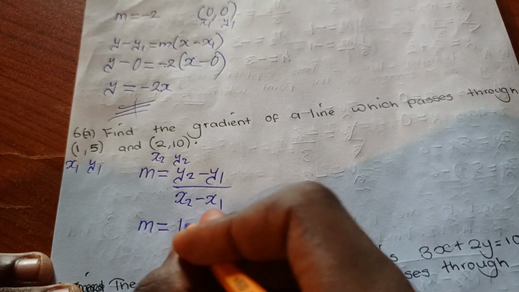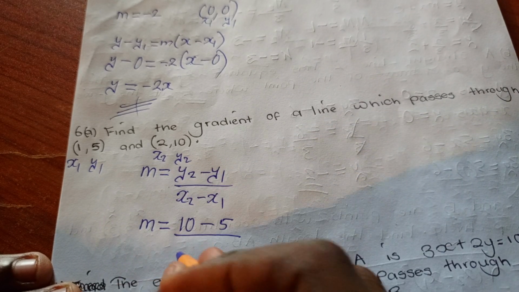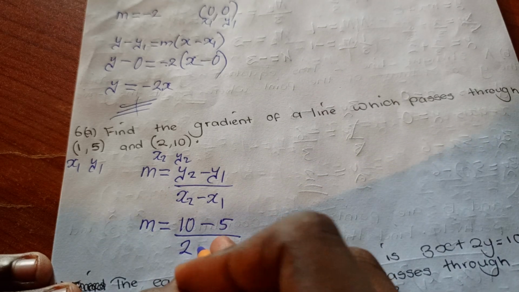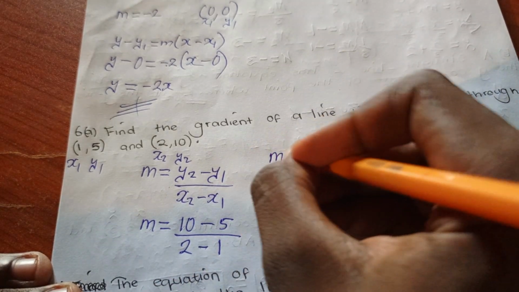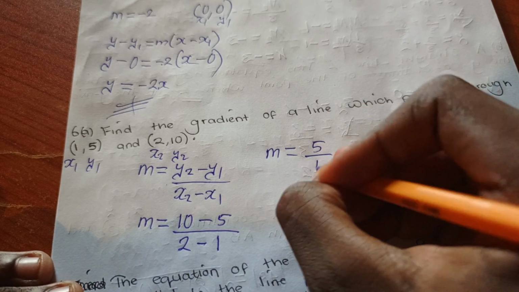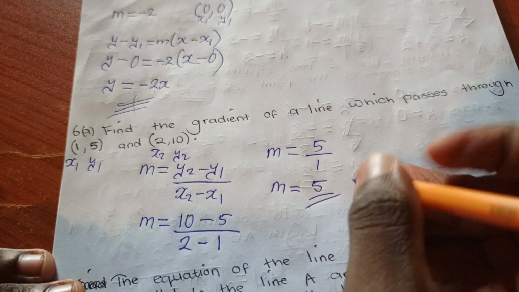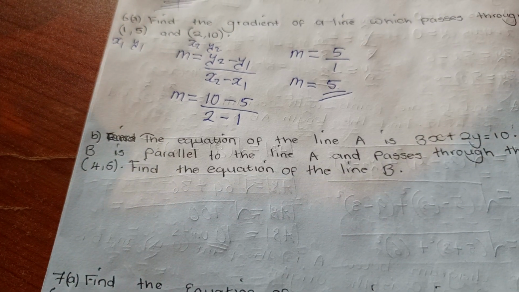So our y2 is 10 minus our y1 is 5. Our x2 is 2, our x1 is 1. So our M is equal to 10 minus 5, that's 5, over 2 minus 1, that's 1. So M is equal to 5 divided by 1, that's 5. So that's our gradient.